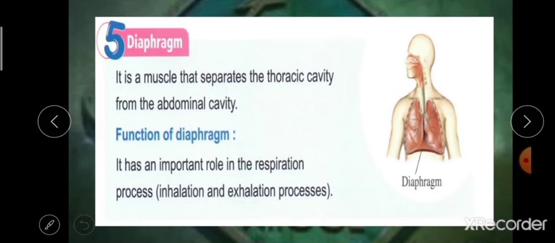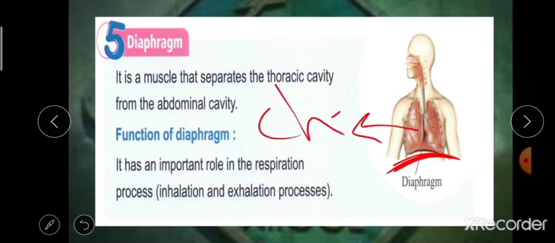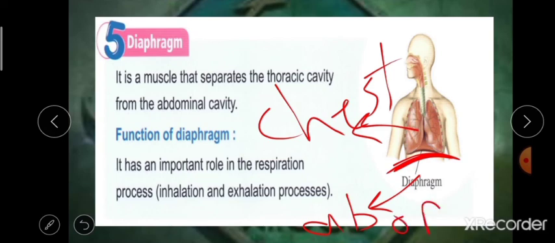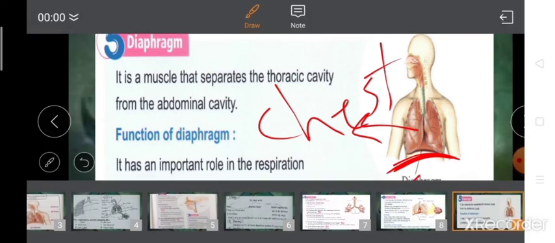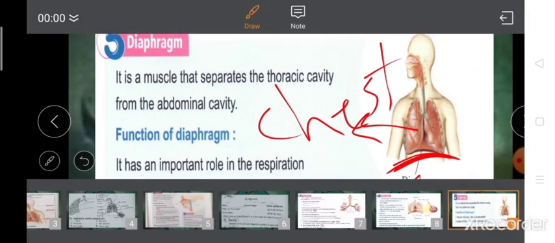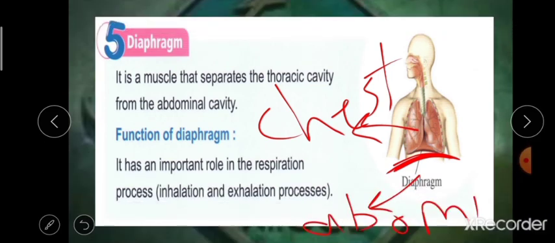After the lungs, there is a diaphragm. The diaphragm is a muscle which separates between the chest cavity or thoracic cavity and your abdominal cavity, or your tummy.